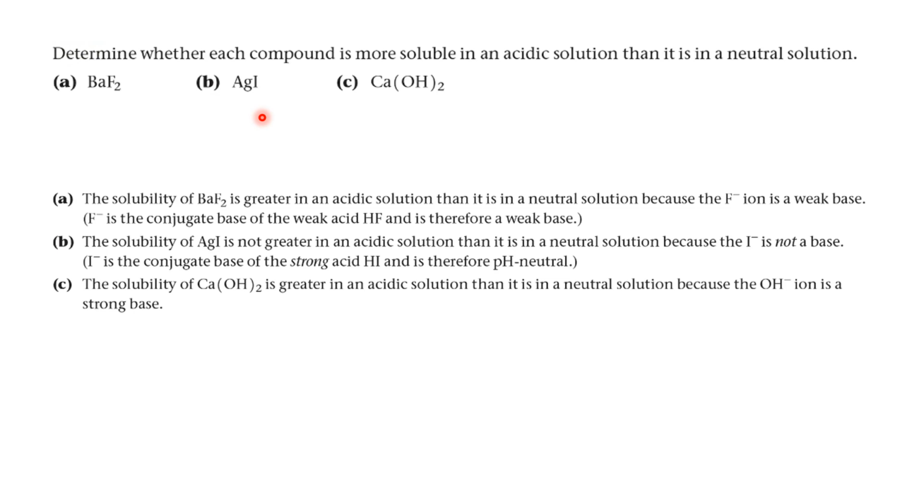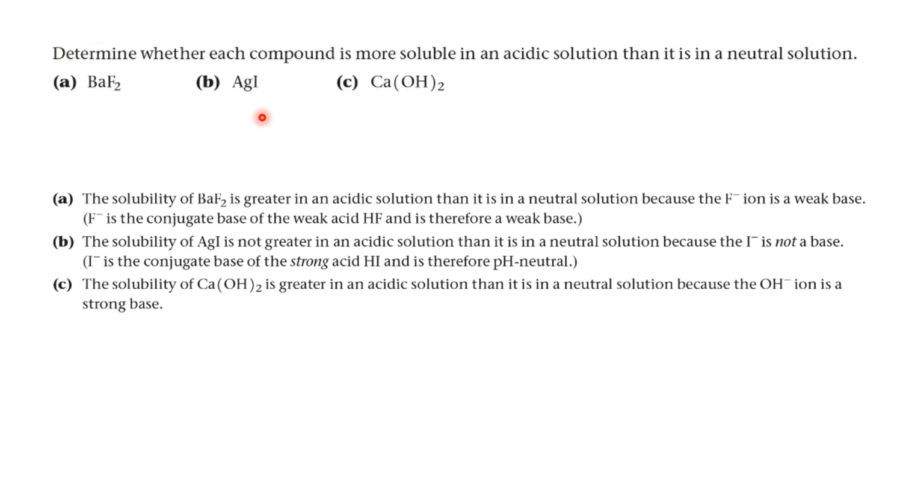That tells you that the I minus does not want to behave as a base because it doesn't want to make HI. Remember, strong acids like HI want to break up into H plus and I minus, and they have no interest in coming back together. So I minus does not want to make HI. It just wants to stay H plus and I minus. So I minus is not going to do anything. It's just going to be a neutral anion, so it's not going to be basic.